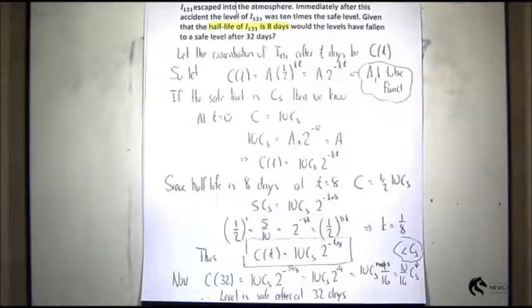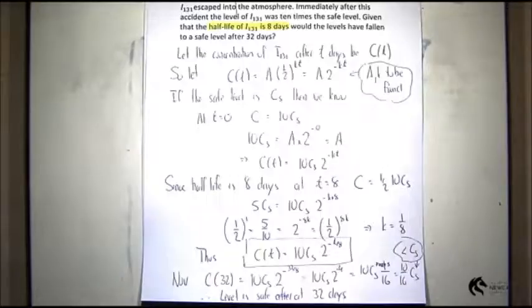So I have a half N naught is equal to N naught 2 to the minus 5,730 k's. Your N naughts cancel out. And I'm going to write this 2 to the minus here as a half. And so I have a half to the power of 5,730 k's. Over here I've just got half to the power 1.